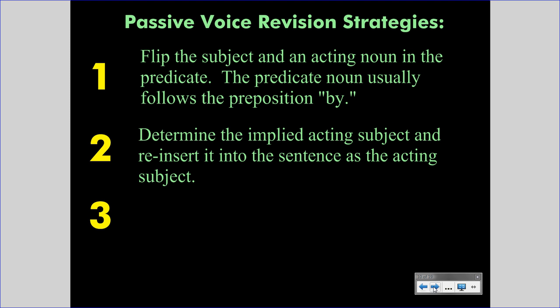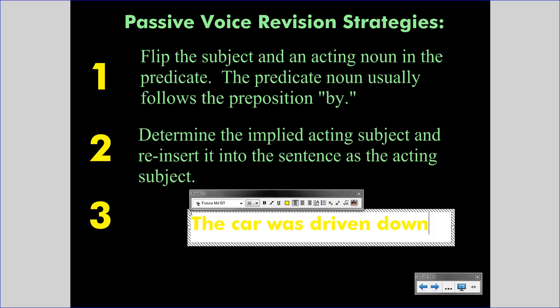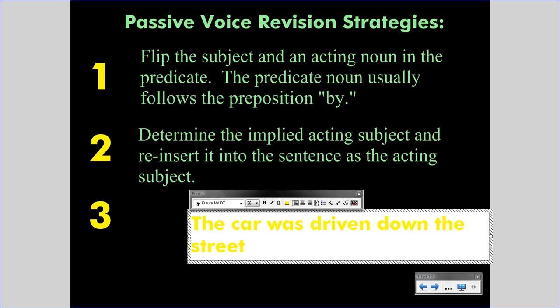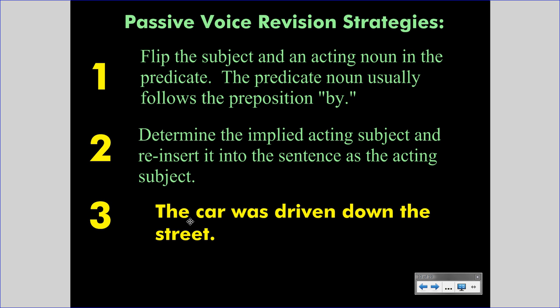Number two, you find out what the acting subject is, and reinsert it into the sentence as the acting subject. So in that first example, the car was driven down the street. We don't know what the acting subject is because it's not in that sentence. So we've got to determine what the implied acting subject is.